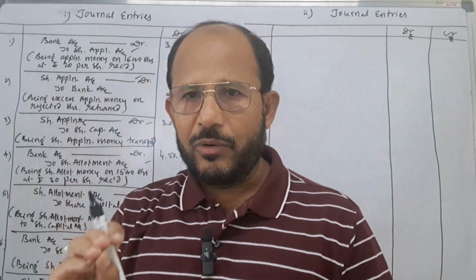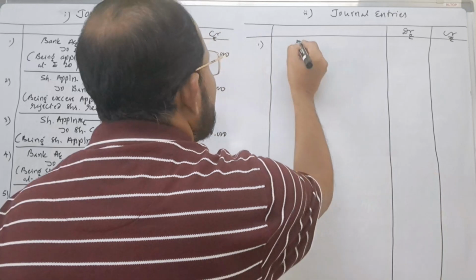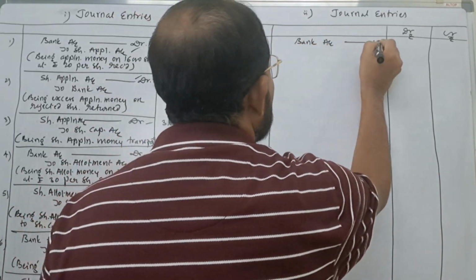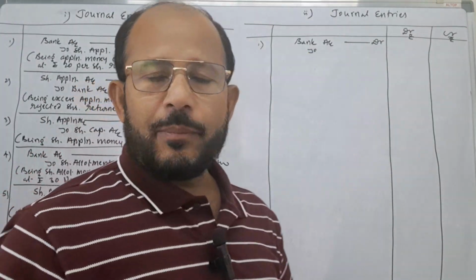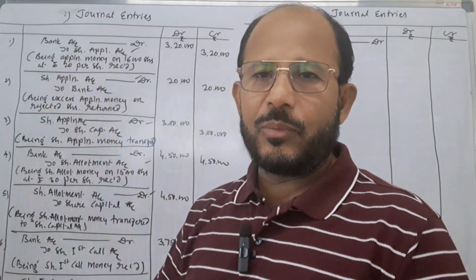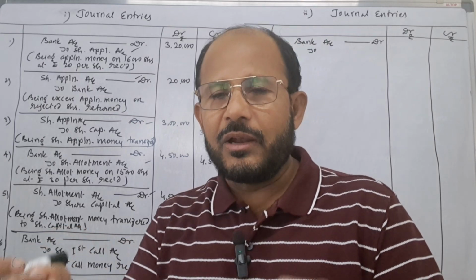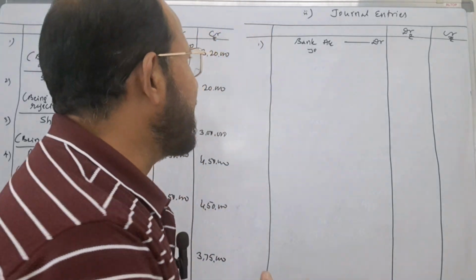You write bank account as it is. When share application money is received, bank account is to be debited. Next one is to share application account, but here share application account is not to be taken. Share application and share allotment account together, the combined account's name, is to be taken here.